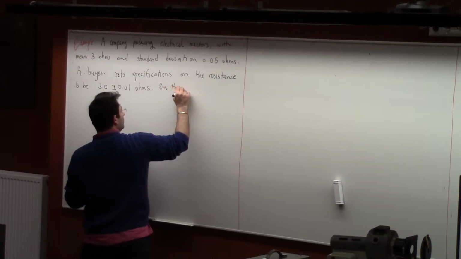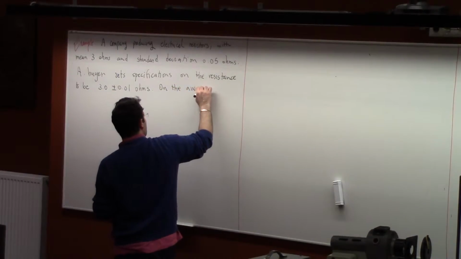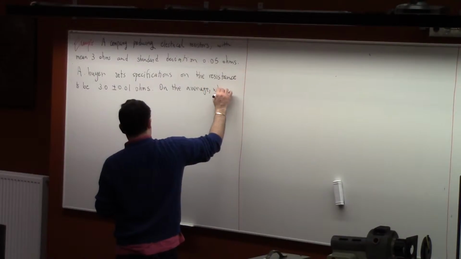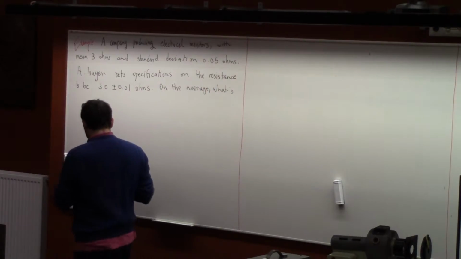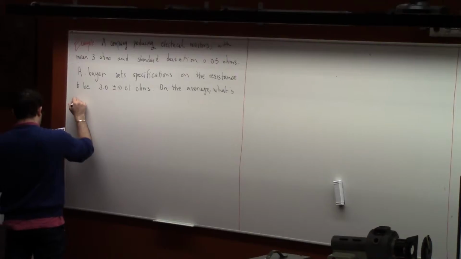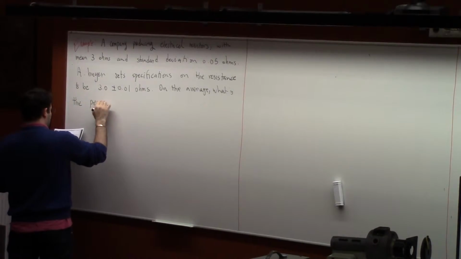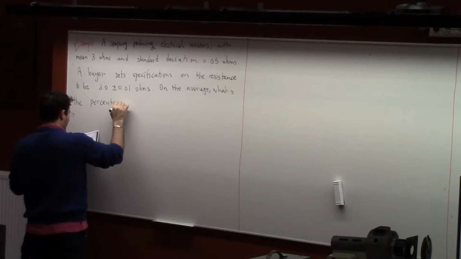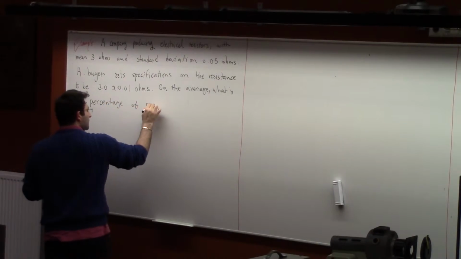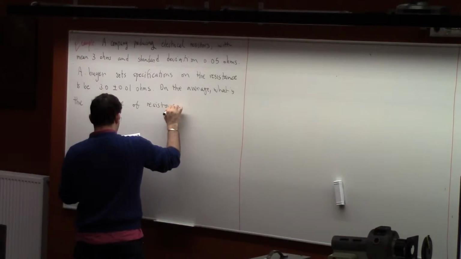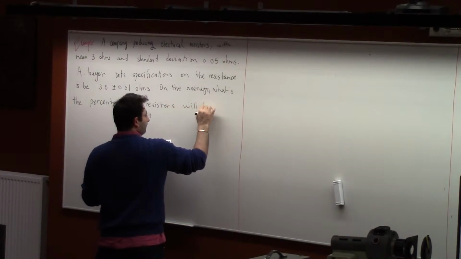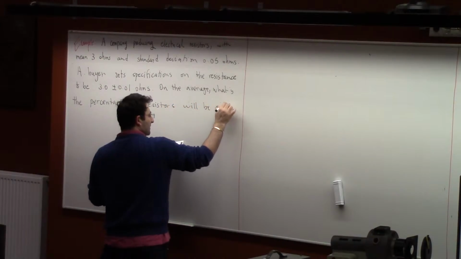On the average, what is the percentage of resistors that will be rejected?